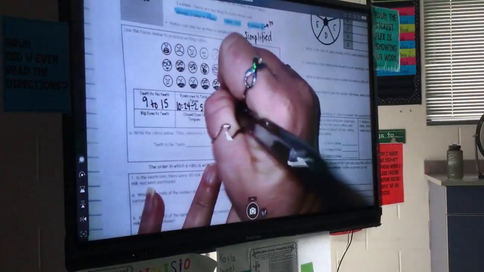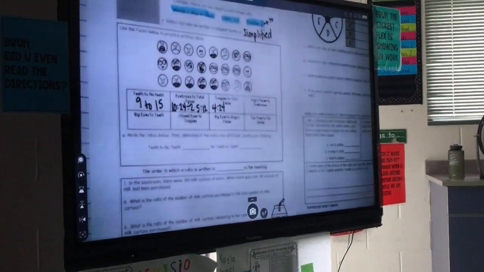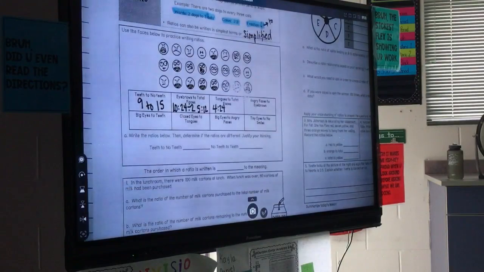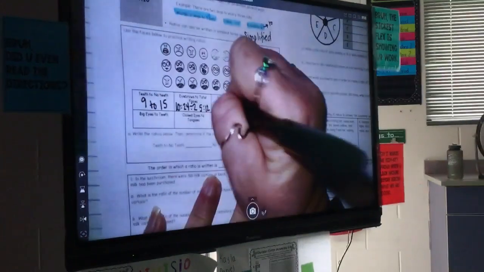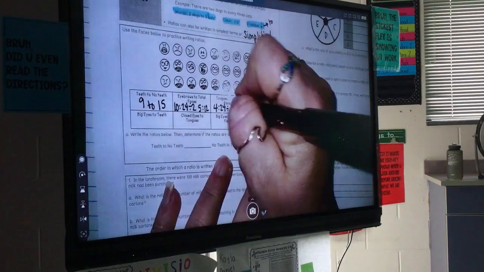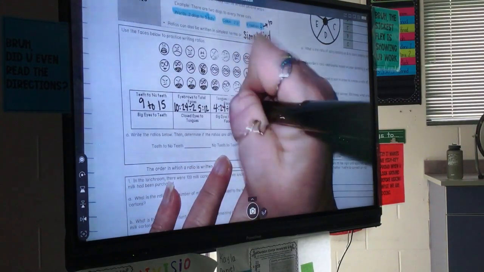All right, what number goes into both 4 and 24? Brenham, can we have a bigger number than 2? 4, okay? And we could have divided by 2, could we not? We could have, but then we would have had to simplify again, right? All right, so then we're going to divide by 4, so this becomes 1 to 6.